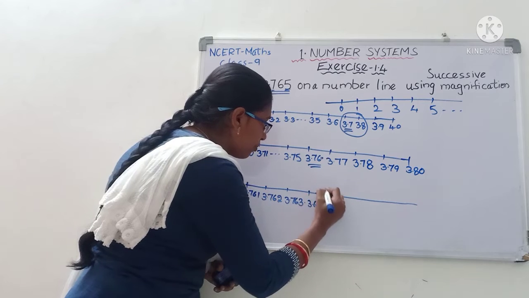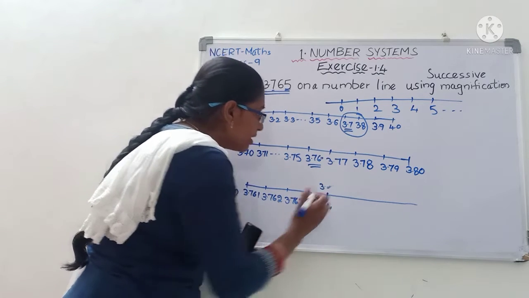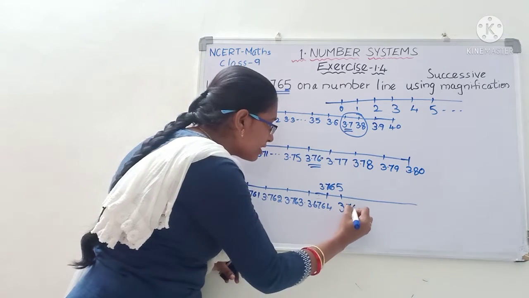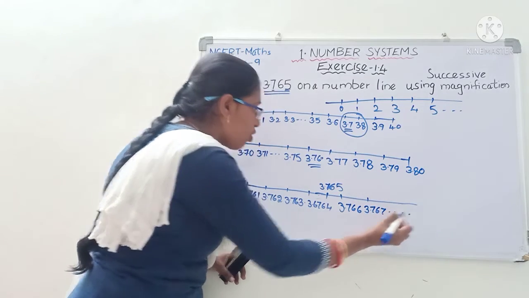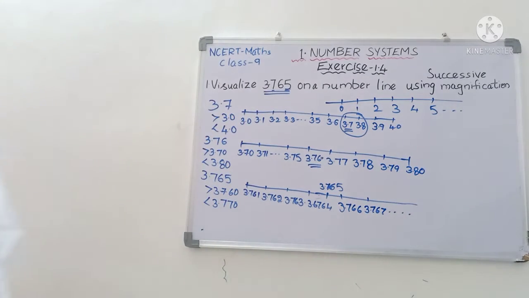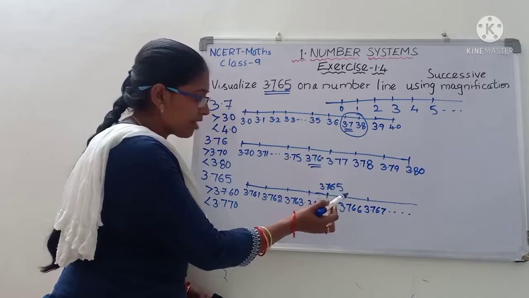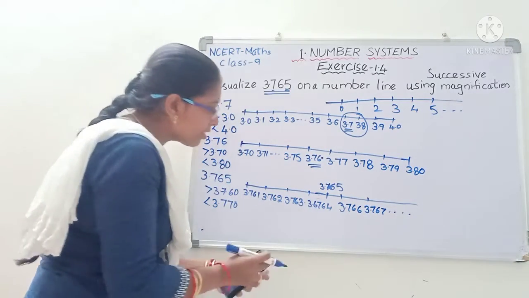then 3.765, then 3.766, 3.767 and so on. So children, you get 3.765 here.